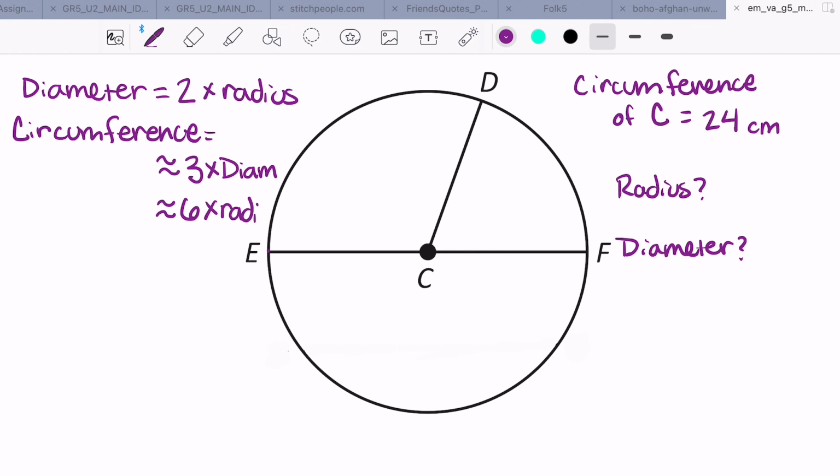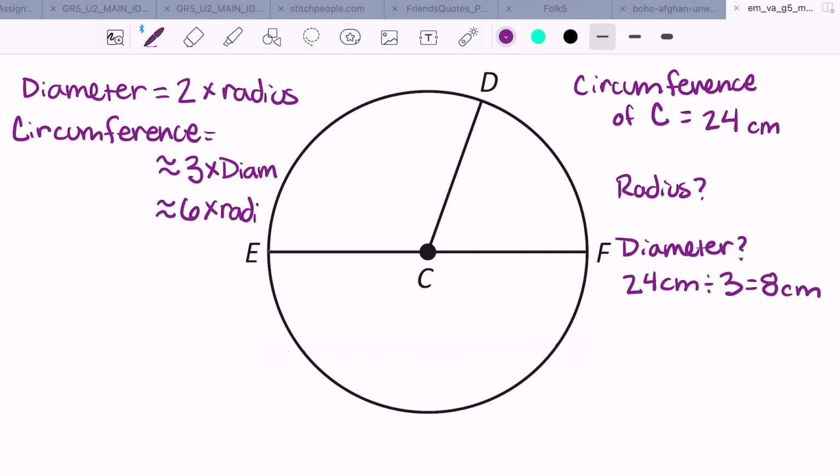So to find the diameter, we want to do the opposite of 3 times the diameter. So we're going to take our 24, which is our circumference, and do 24 divided by 3, because that's the opposite operation.